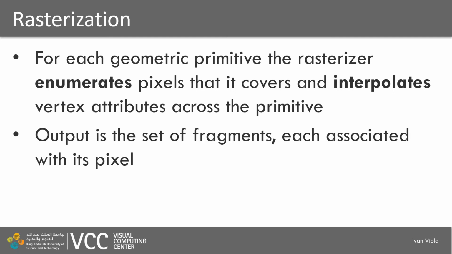So they are already in the screen coordinates. And once they are in the screen coordinates, then the rasterization colors the corresponding pixels onto which these geometric elements are projected, and interpolates these vertex attributes across these primitives.